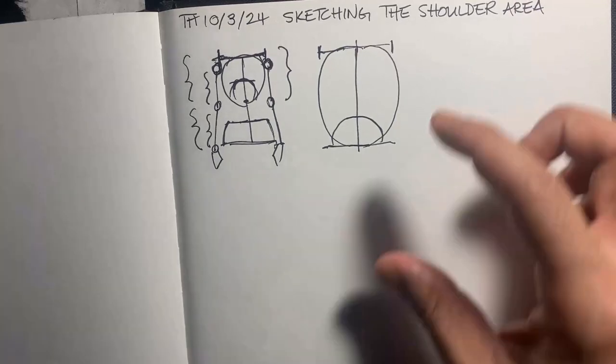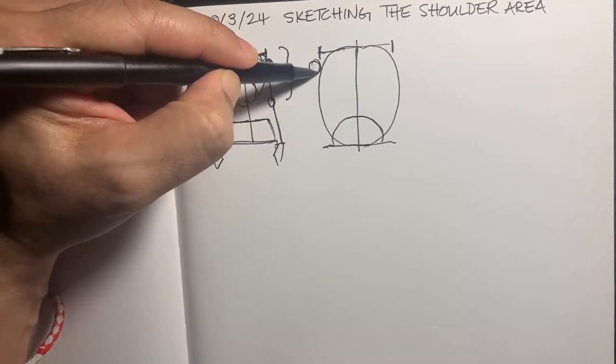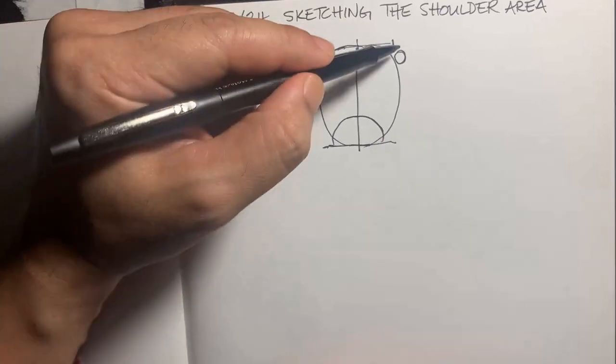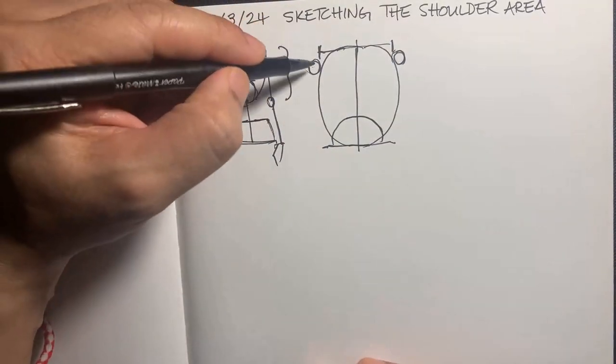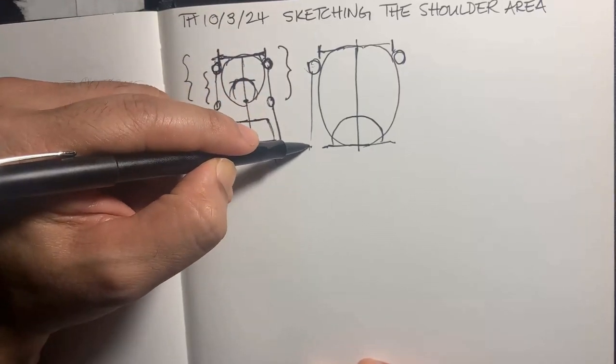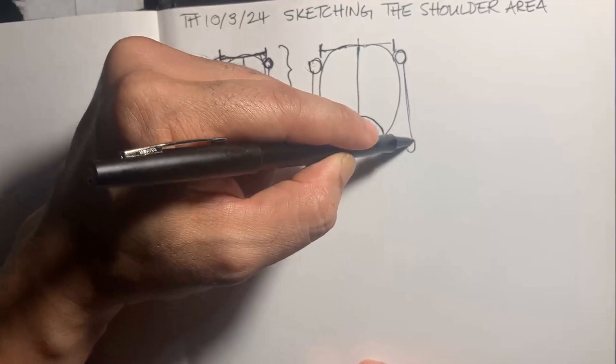So in general, I'll be keeping it in that area. So the shoulder joints will go, well, it's the humerus, the arm shoulder joint. It'll be like this.